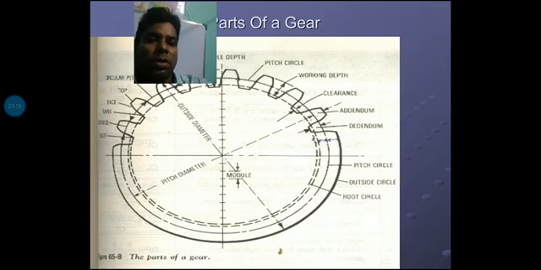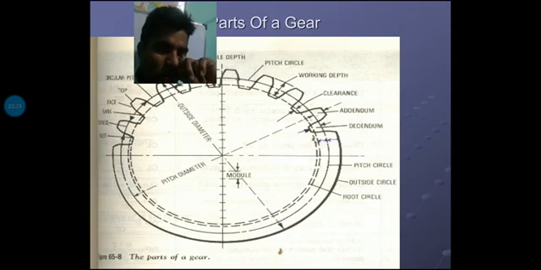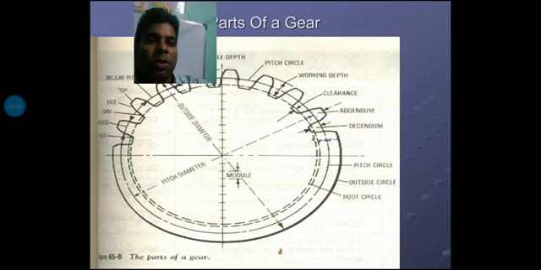This is the figure, and in that figure you can see all the points that I already explained in the previous slides. That is the pictorial view to show all the points of a spur gear or any type of gear.